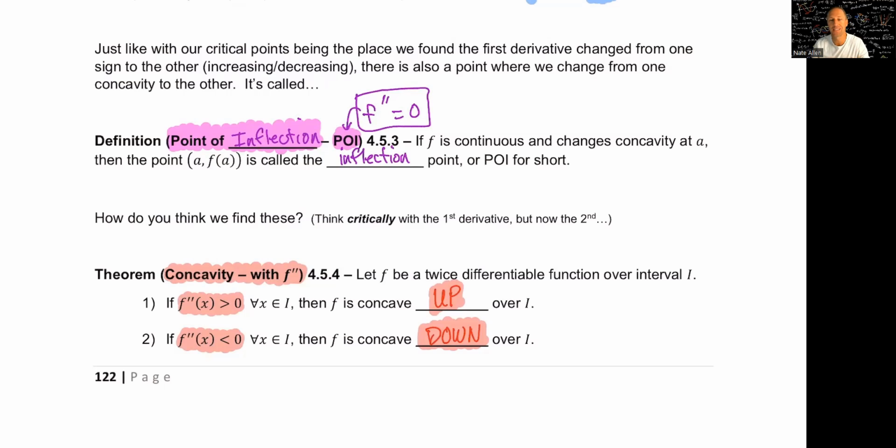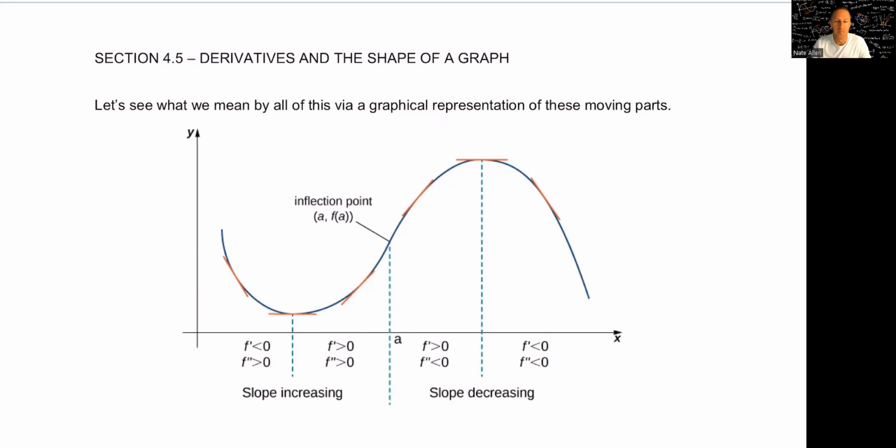Well, now we're going to take the second derivative and set it equal to 0 to find the point of inflection, which at that point, to the right or to the left of it, is going to tell us now where it is concave up for positive or concave down for negative, where our curve is shaped, pointing up or pointing down. So what do we mean by all of this mumbo jumbo, lots of words and algebraical expressions?